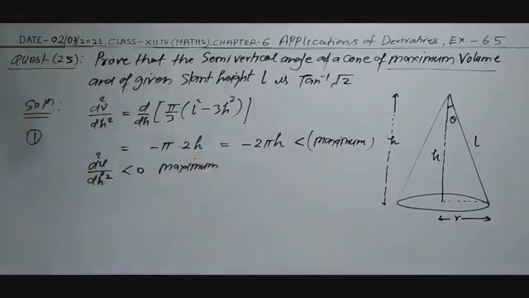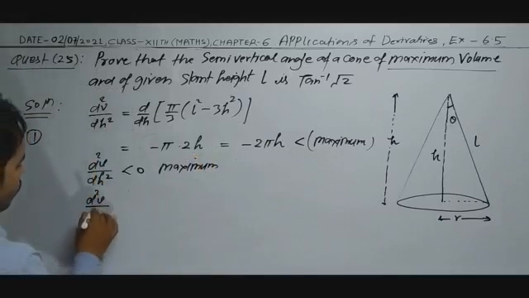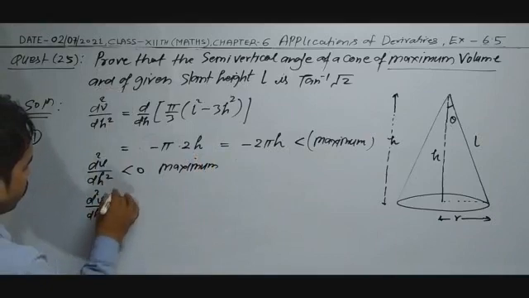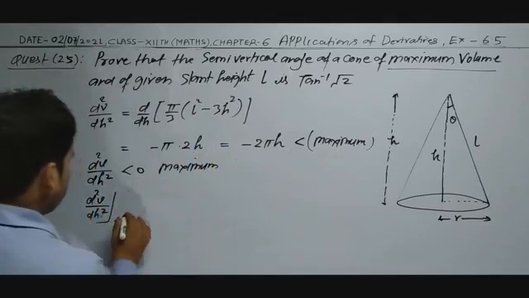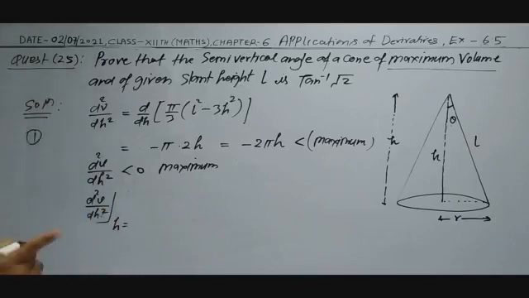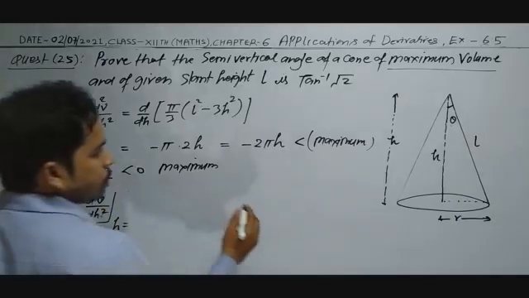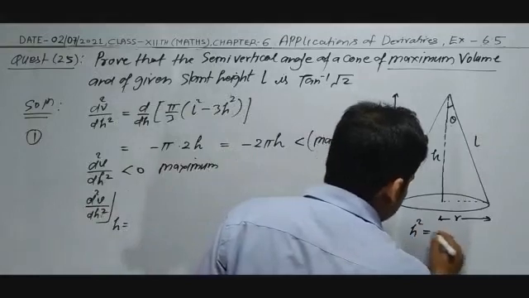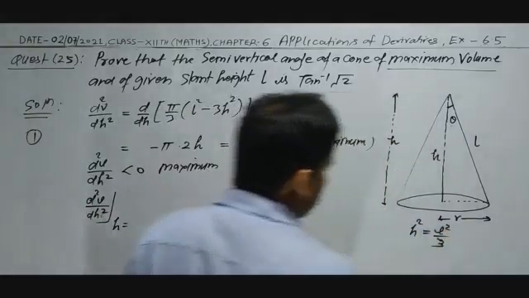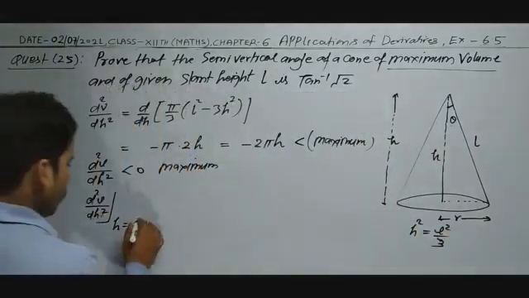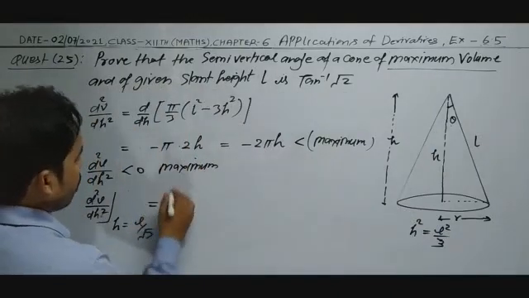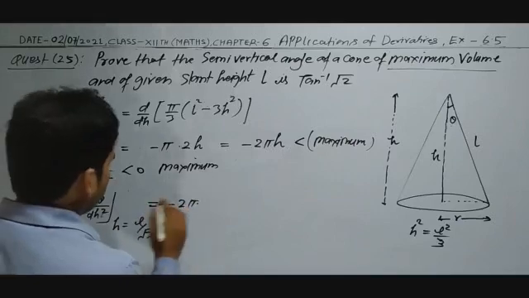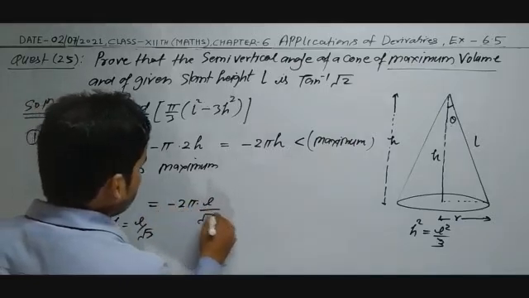And now what will be the maximum value? d2V by dh2 at h: we have solved h square is equal to L square by 3. So now h will be equal to L by root 3. Put the value: minus 2 pi with L by root 3.